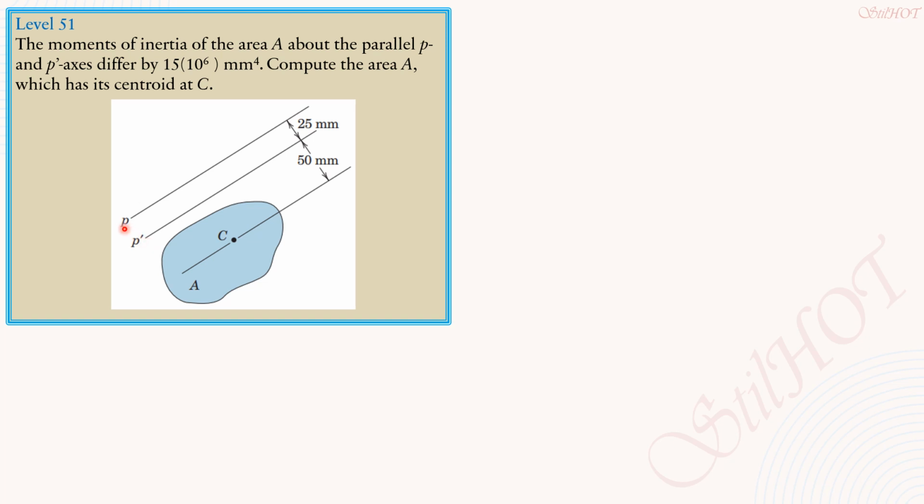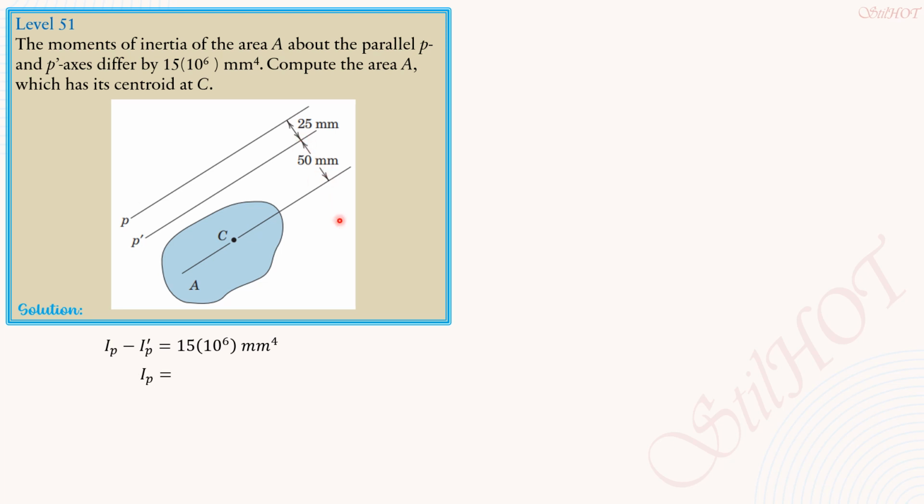So that is I sub B minus I sub B' equals 15 times 10 to the 6. That's our working equation for our solution. I sub B minus I sub B' equals 15 times 10 to the 6, where I sub B is equal to I sub C plus area times 75 squared, and I sub B' is I sub C plus area times 50 squared.